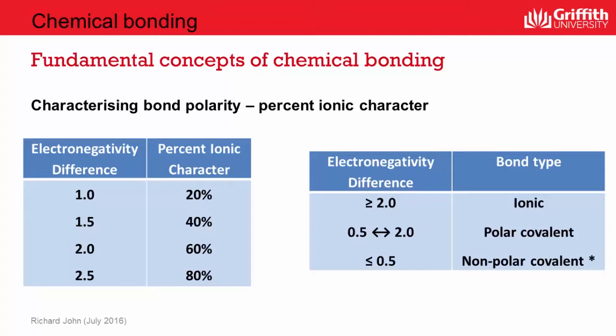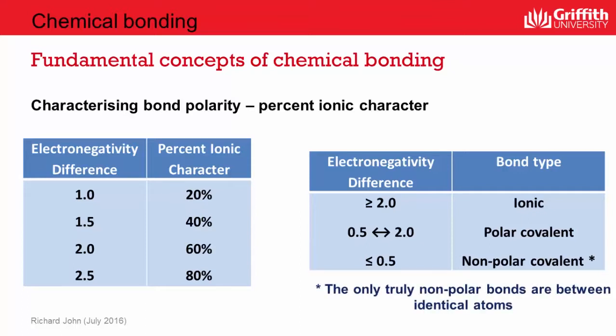And if the difference in electronegativity between the two atoms in a bond is 0.5 or less, we can consider that to be a non-polar covalent bond. But in truth, the only truly non-polar bonds are bonds between identical atoms.